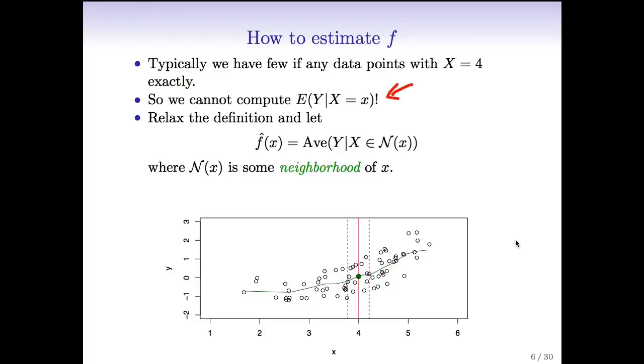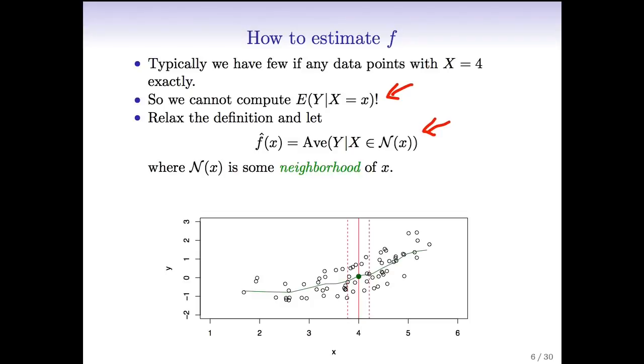Well, what we can do is relax the idea of at the point x to in a neighborhood of the point x. That's what the notation here refers to. N of x, or script N of x, is a neighborhood of points defined in some way around the target point, which is this x equals 4 here, and it keeps the spirit of conditional expectation.